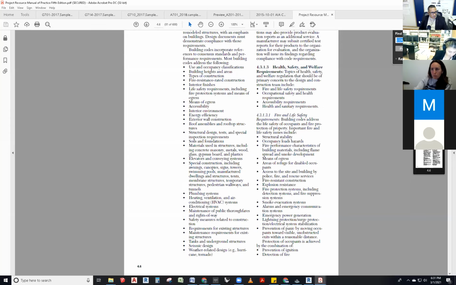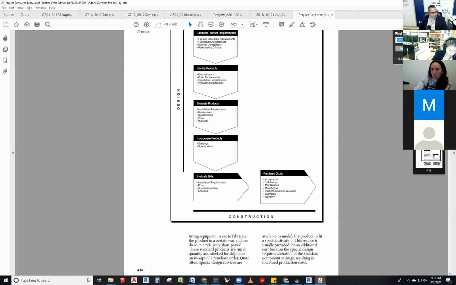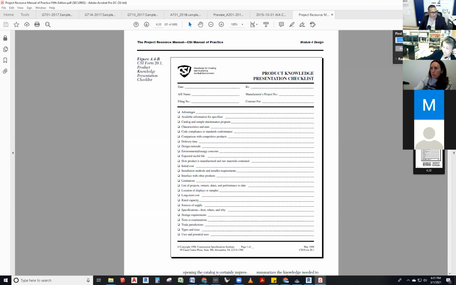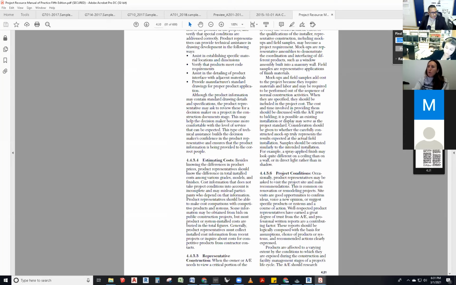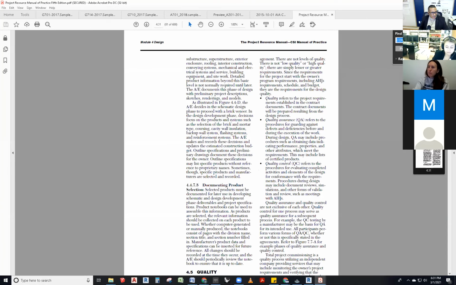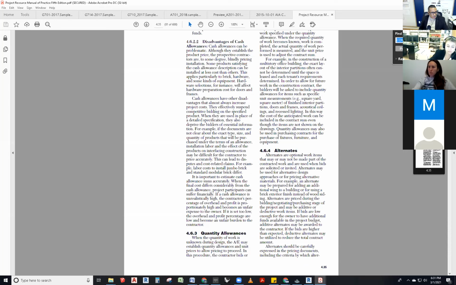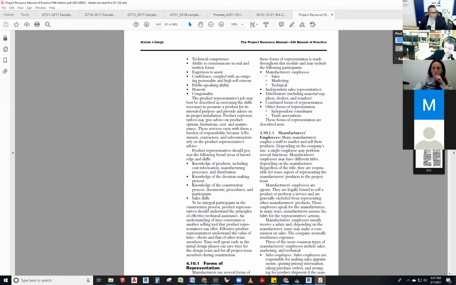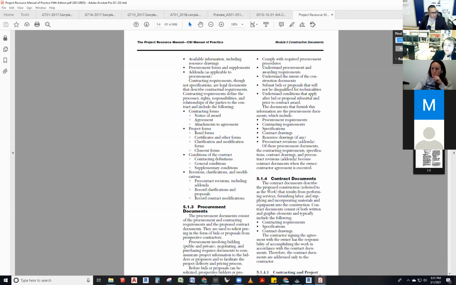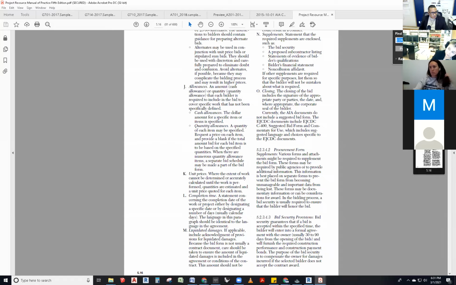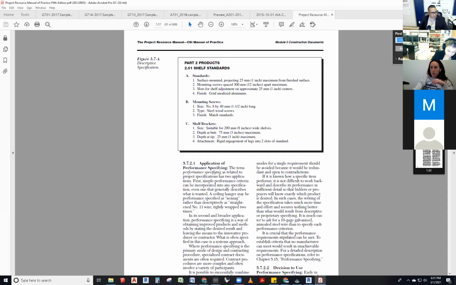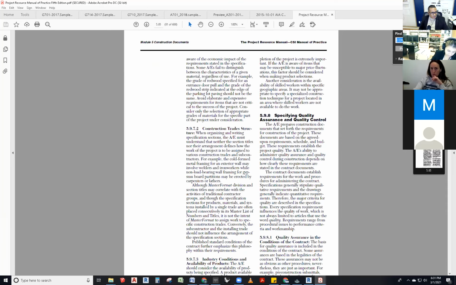It does talk a lot about other documents. They call it, I think, the EJCDC. It's another type of contract document that's not done by the AIA. It's actually done by the Construction Specification Institute, I believe. But I wouldn't want you to try to read those because it would really confuse you, just like I wouldn't want anybody to mix and match different contract documents because they're not going to be coordinated.